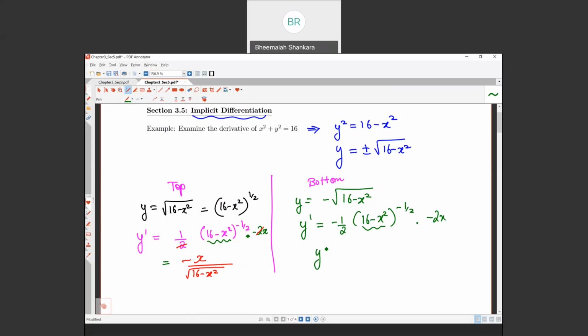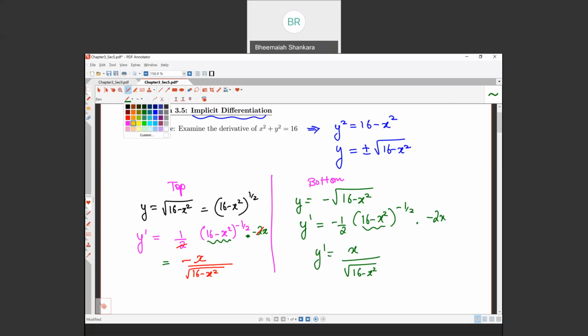Now I can cancel the 2's and I can write this as x divided by the square root of 16 minus x squared. The negative 1/2 exponent is written as a square root. So there were two ways to differentiate the given function. First, write the given function in the form of an explicit function and then start differentiating.